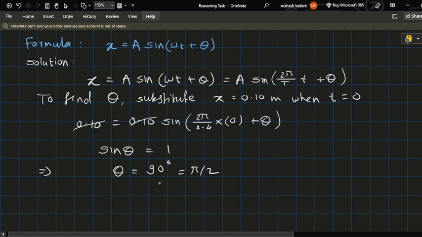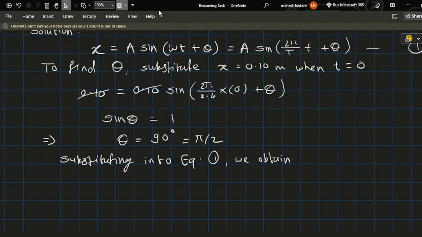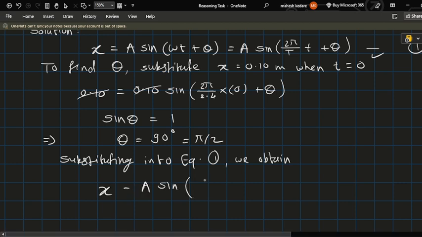We substitute this value of theta equal to 90 degrees back into equation 1, and we get x equal to a sine of 2 pi by T t plus 90.